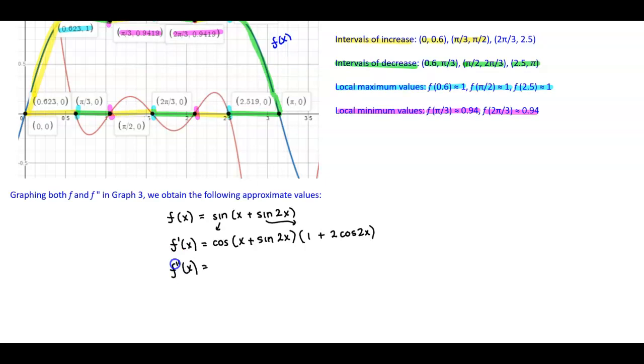So if we find the second derivative, we want to find the derivative of x plus the sine of 2x. If we take the derivative of x, we get 1. The derivative of sine is going to be cosine. The derivative of 2x is going to be 2. So this is going to be 1 plus 2 times the cosine of 2x.